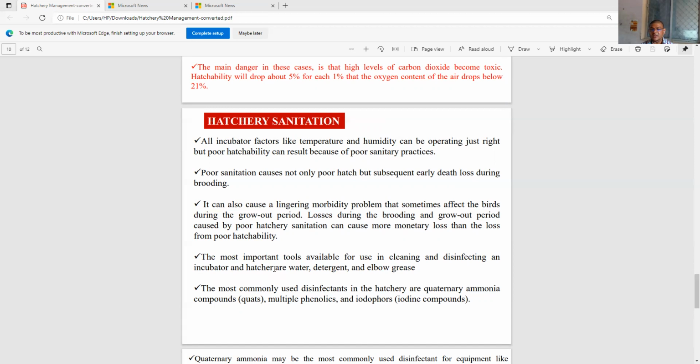The most important tools available for use in cleaning and disinfecting an incubator and hatcher are water, detergent, and elbow grease. The most commonly used disinfectants in the hatchery are quaternary ammonium compounds, multiple phenolic compounds, and hypochlorites.